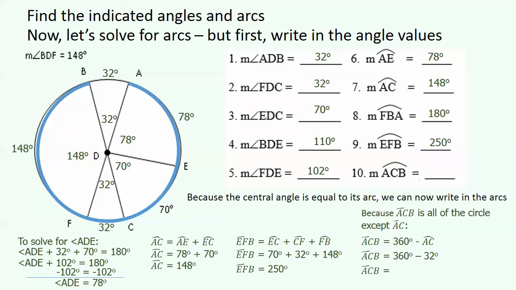So arc ACB is 328 degrees. It's the entire circle except that little 32 degree segment. So the measure of ACB is 328 degrees.